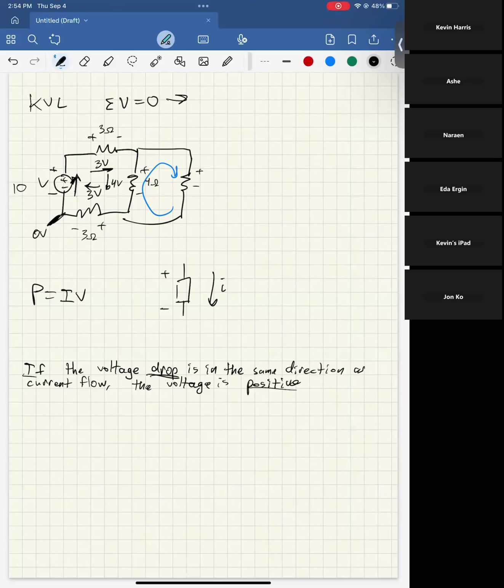This sounds weird because if it's dropping, it's negative, but for the sake of making your math easier, this is the case. So that would mean that this would be a positive 3 volts, this would be a positive 4 volts, and this would be a positive 3 volts here.